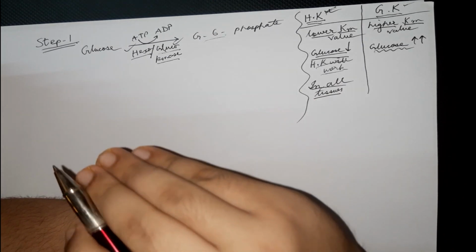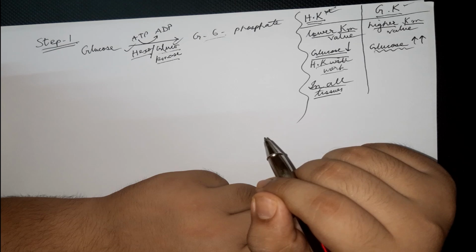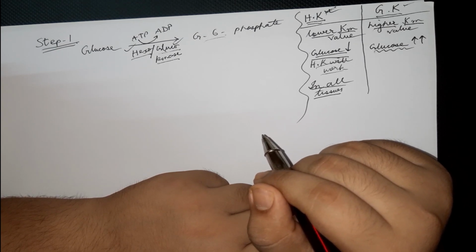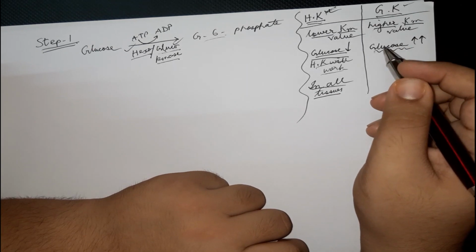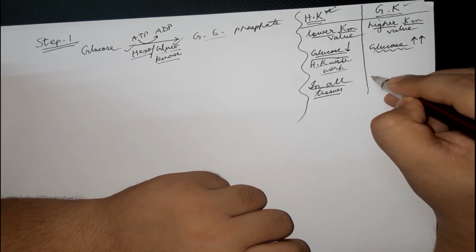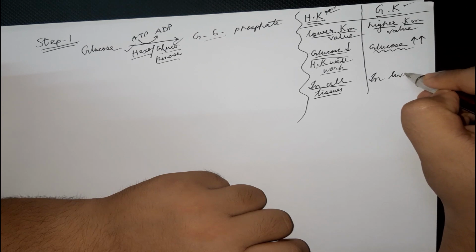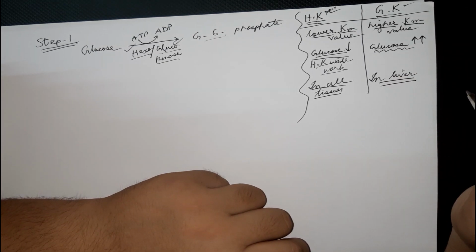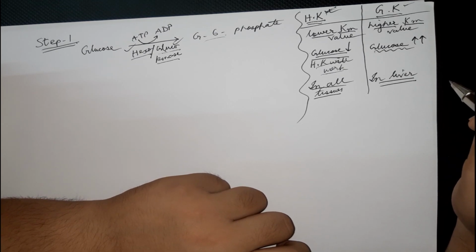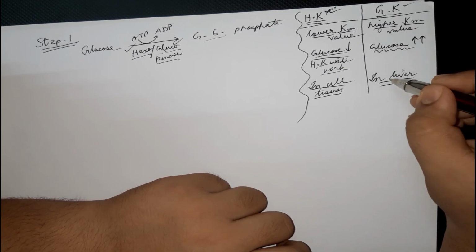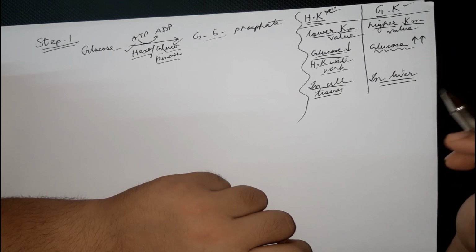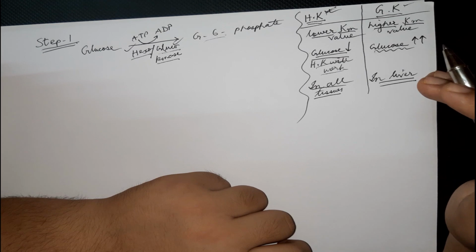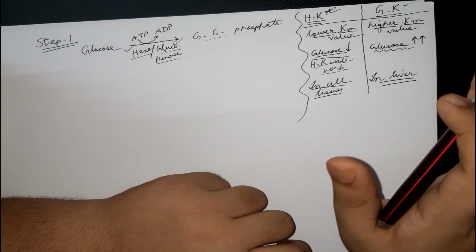So almost all tissues in the body will have hexokinase because glycolysis is universal, right? But glucokinase will only be present in the hepatocytes, that is, in the liver. Only in the liver. And that makes sense because when glucose concentration is high, the liver has a large role to play in bringing that concentration down to normal.